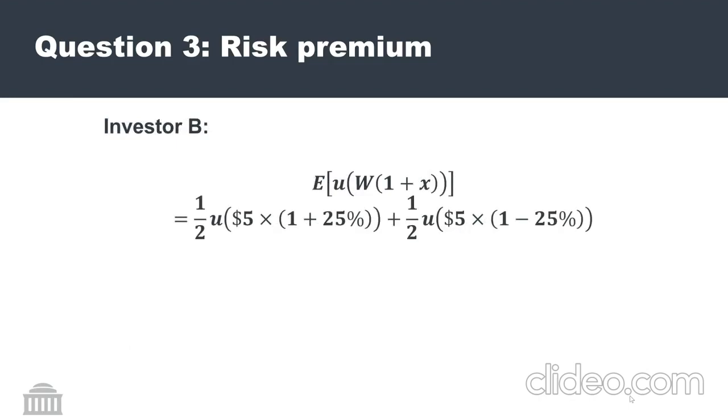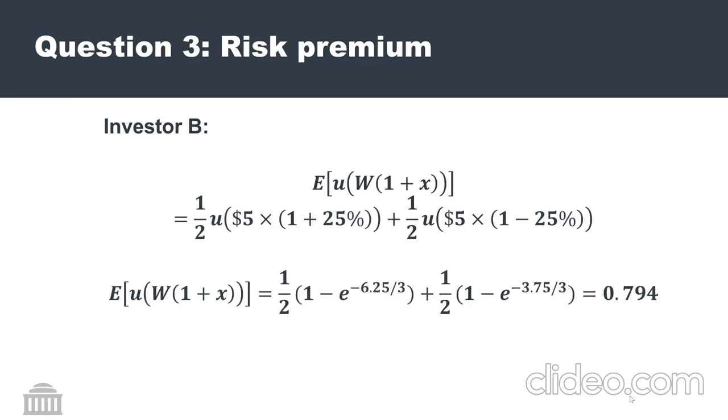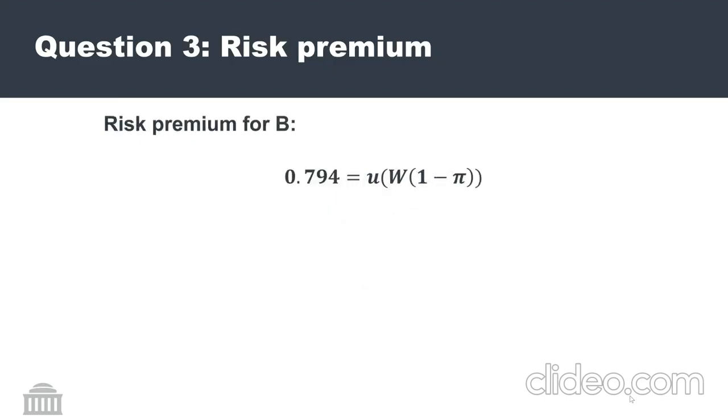Now for investor B, we have the same expression. Using the utility function of this investor, we can compute that the expected utility from this lottery is 0.794. To compute the risk premium, we are solving this equation. We know the utility function, we know W, which is $5.